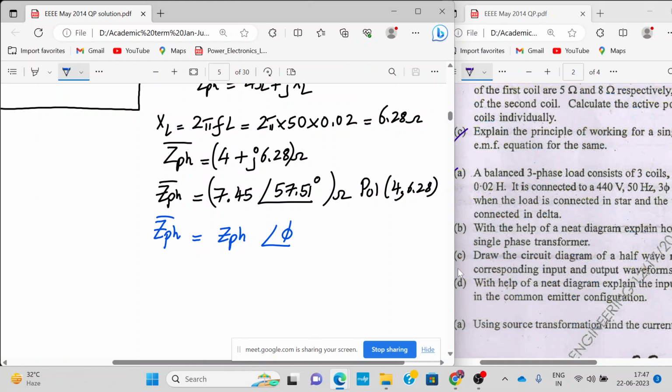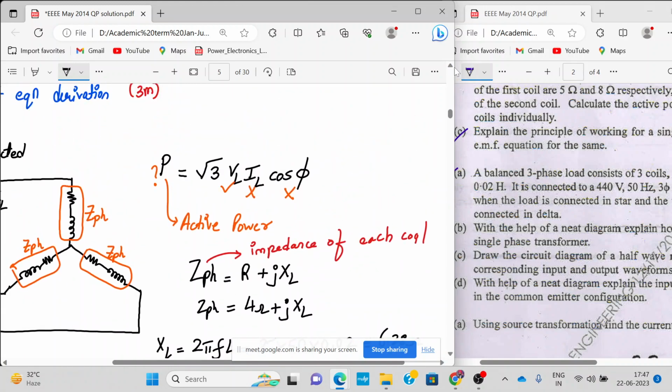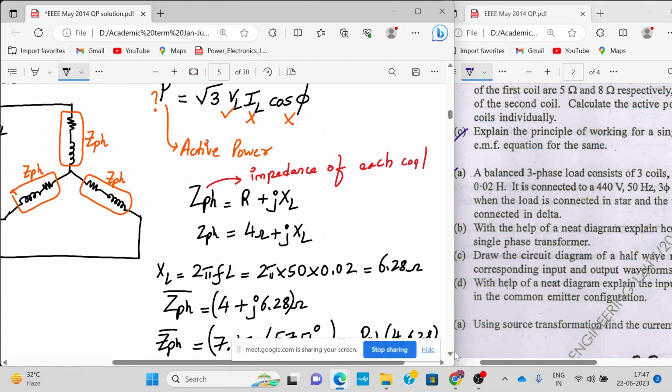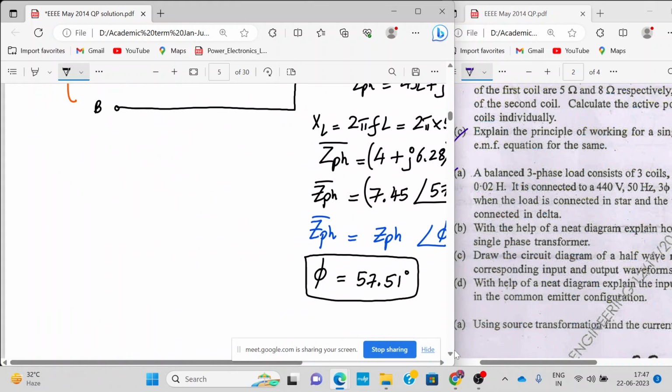Okay, so that means your phase angle phi is 57.51. So that's great news. If you know phi, you can find out cos phi, and then you can find the current also. IL also we will find out very soon, so we can find out active power very soon. So phi is known to us, and also Z phase is known to us.